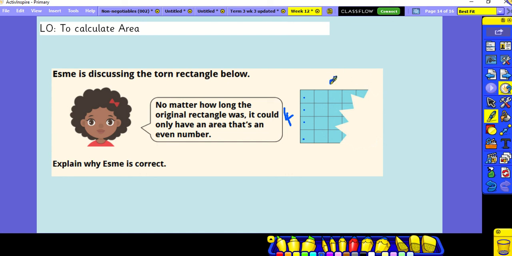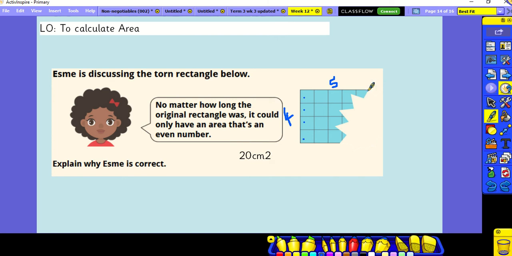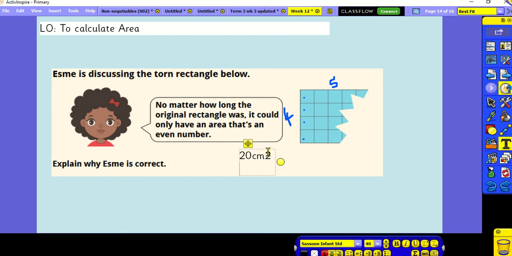So if the length was 5 centimetres and the width was 4 centimetres, we know the area would be 20 centimetres squared. If the length was 6 centimetres, it would be 4 times 6, which would be 24 centimetres squared.